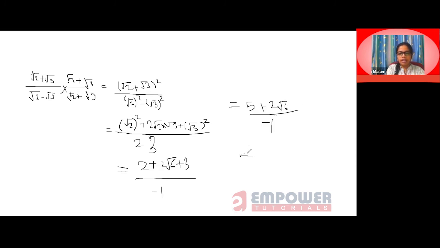I will take the minus sign in the numerator, so this will be equal to minus 5 minus 2 root 6 upon 1. I can write it down directly as minus 5 minus 2 root 6.